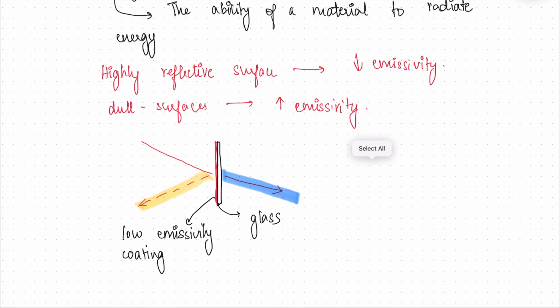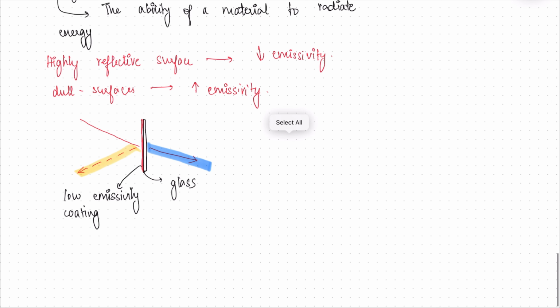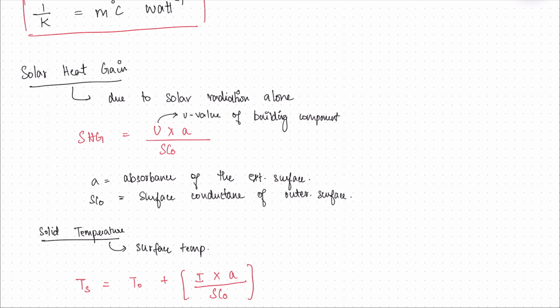Then we have something called the solar heat gain coefficient. We saw solar heat gain factor, which is the heat gain that you get due to solar radiation, and that formula is U value into absorbance of the external surface by surface conductance of the outer surface.